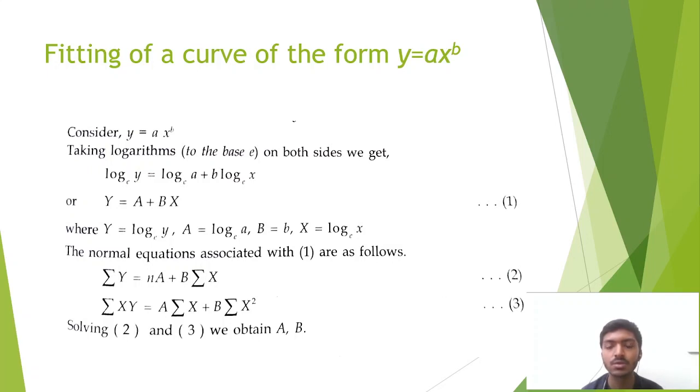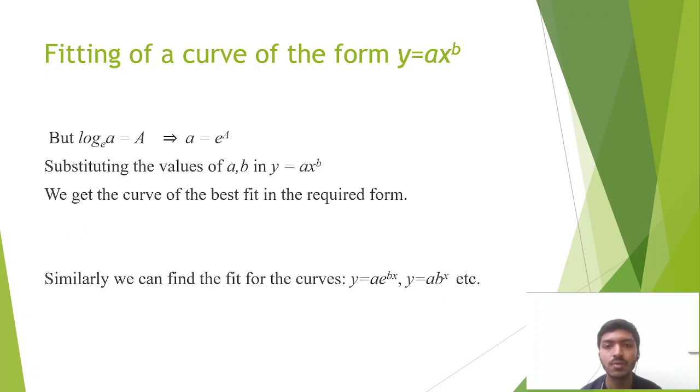Then we associate normal equations. Summation Y = nA + b summation X, and summation XY = A summation X + b summation X square. We solve the equations 2 and 3 and thus we obtain the unknown parameters.